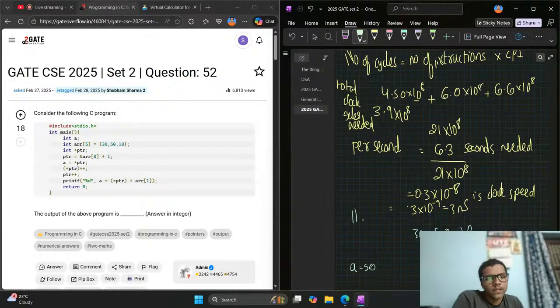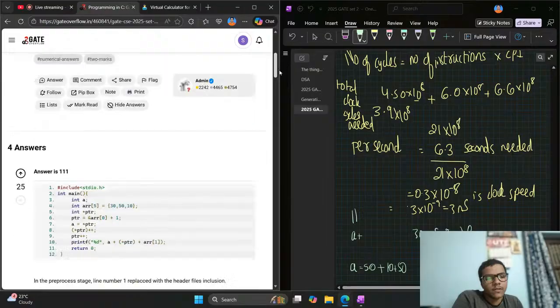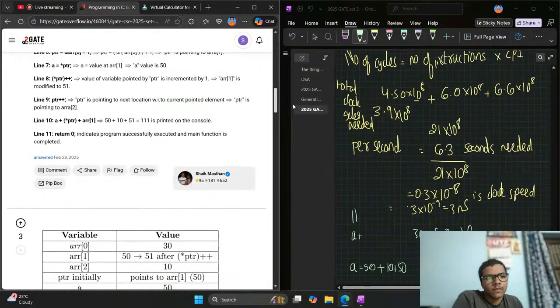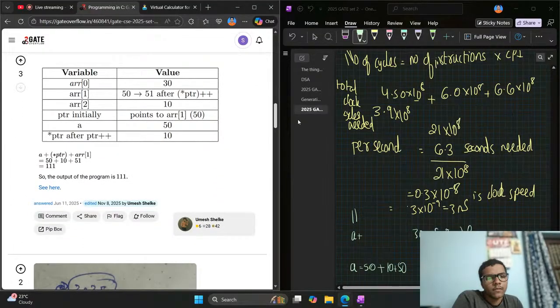Pointer value is incremented to 11. A 50 plus 10 plus. I don't know if it's 110 or not. 111. I see.